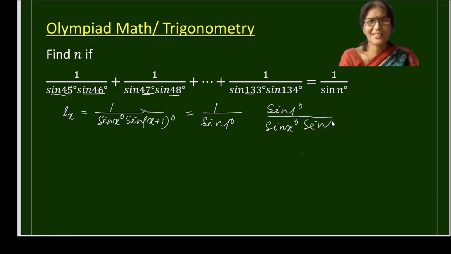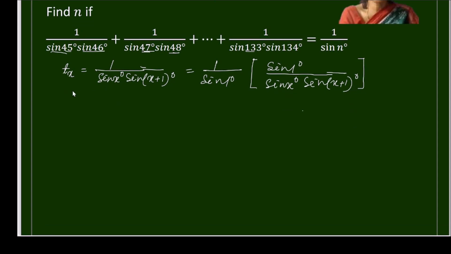Now the question is why? Because I want to write the numerator in terms of the denominator. So any term can be written as 1 over sine 1 degree, and the sine 1 can be written as sine of (x plus 1 degree minus x degree).